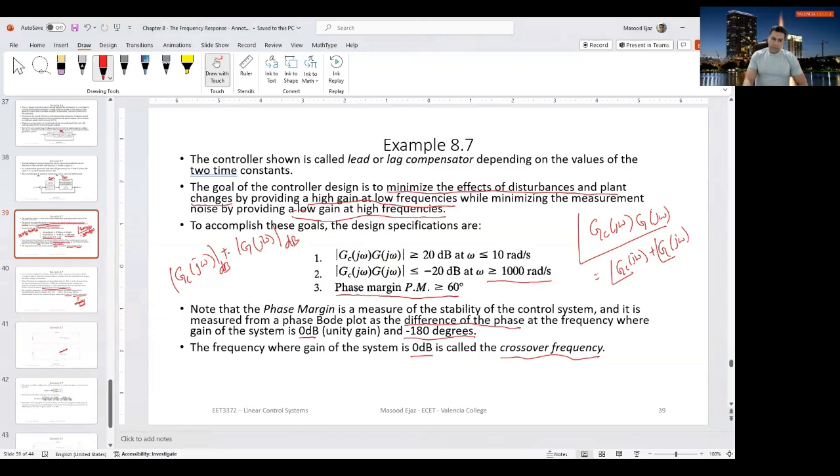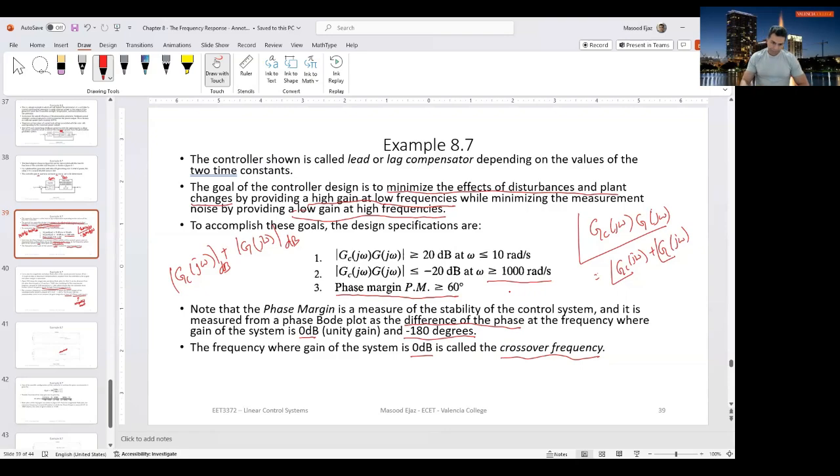So we need a controller that is going to further reduce the gain at high frequencies, and can increase the gain at low frequencies as well, because the requirement has to be greater than 20 decibel. So if you can increase the gain, but one of the requirements that was not satisfied is that the high frequency gain is not small enough.